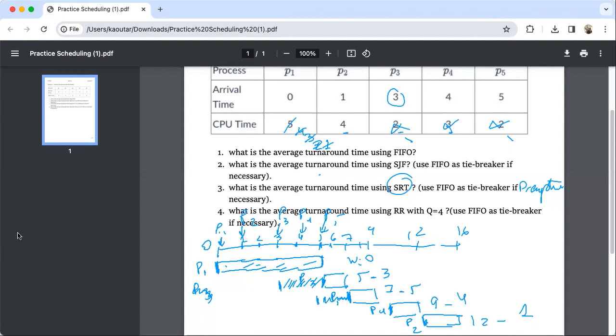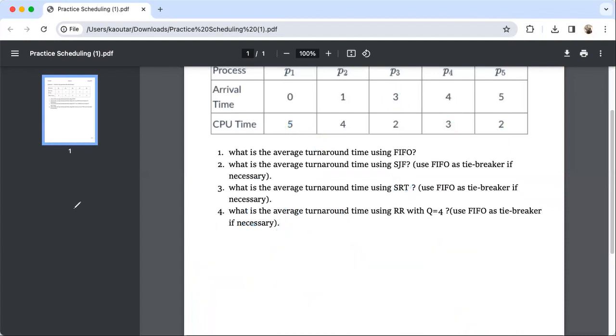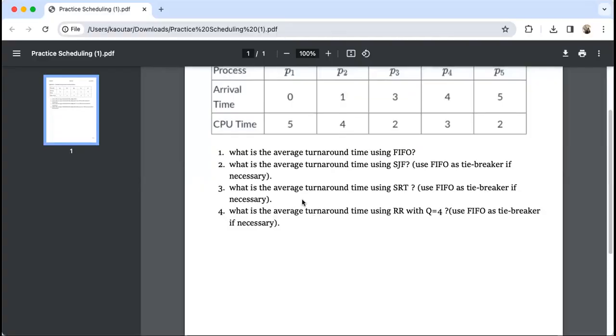Okay, so let me erase this and get to the last scheduling algorithm, which is now round robin with a time quantum of 4. Again, this is a preemptive algorithm. Okay, so again, we're gonna try to keep track of when every process arrived.